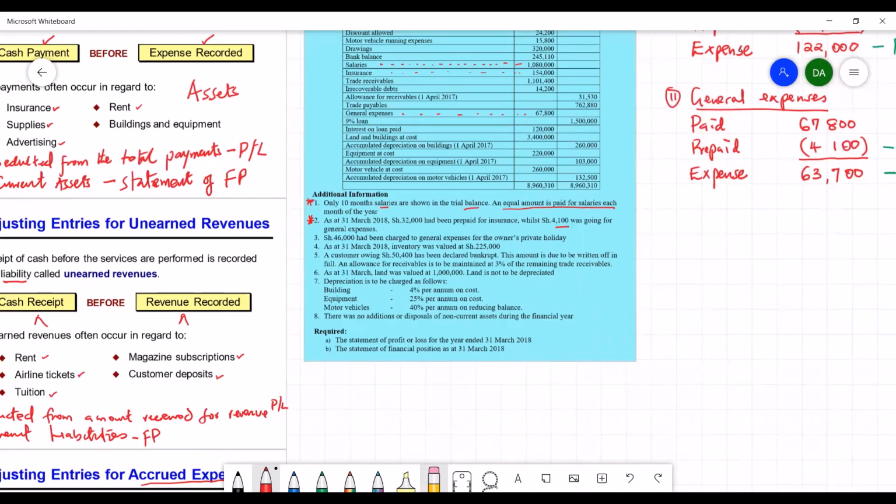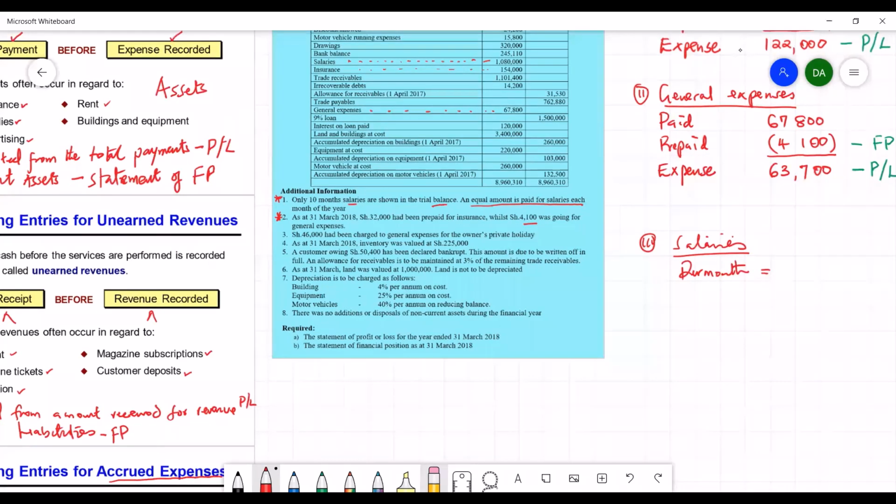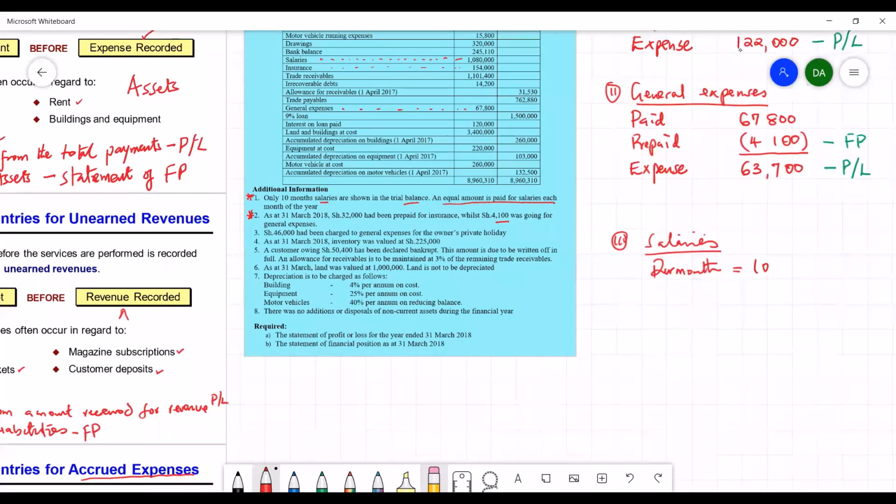Therefore, for salaries per month, it is going to be 1,080,000 divided by 10 months. So the per month salary is going to be 108,000.